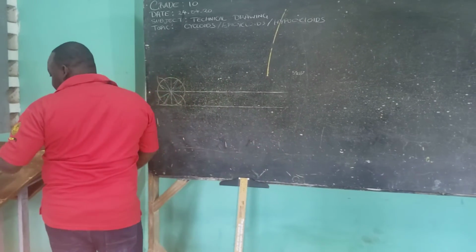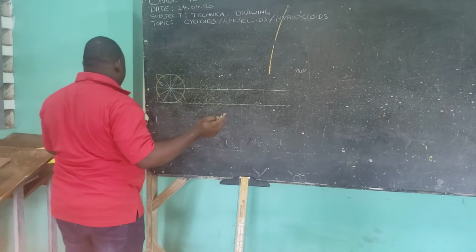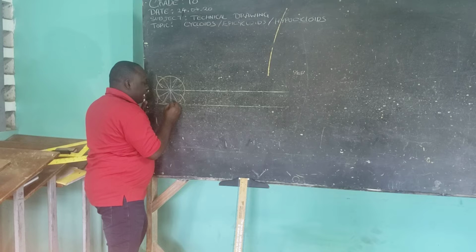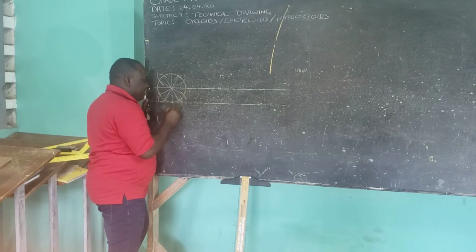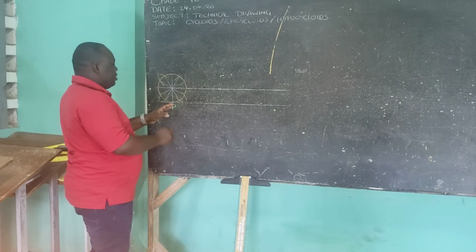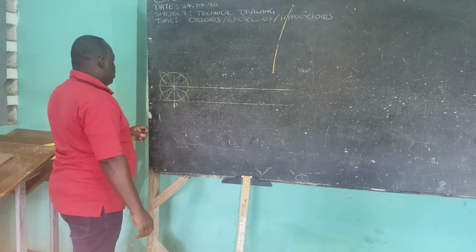Let me get a different color because we're going to be highlighting a few things. We're going to be using green. Now let us use this green to highlight the point that we're going to be tracing. So this is going to be point P. So we're going to be tracing point P as it makes one complete revolution.